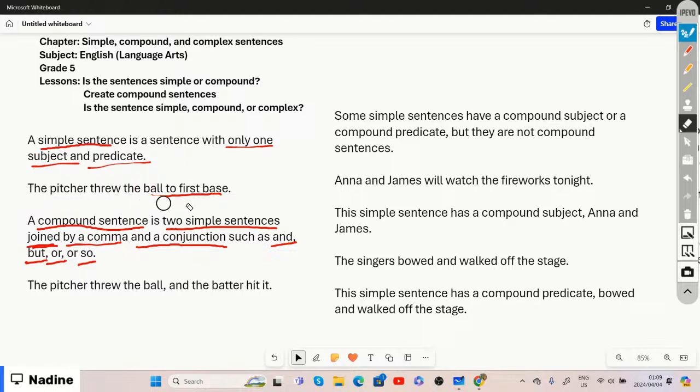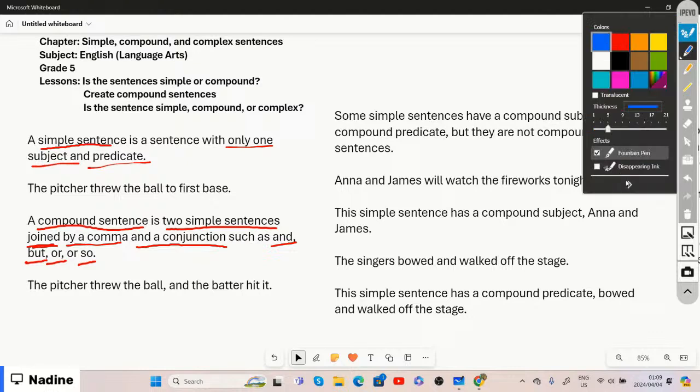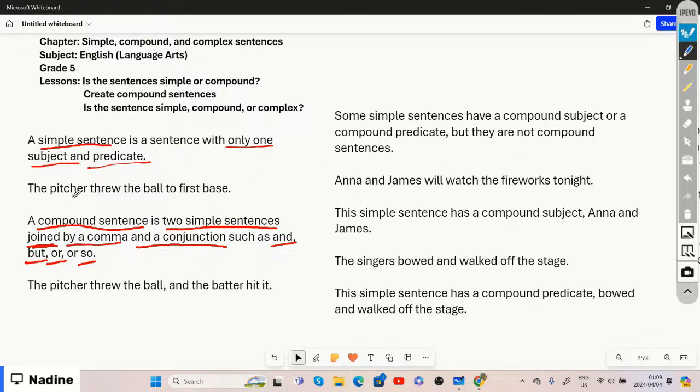Let's say this is our simple sentence. I'm going to use a different color. The pitcher threw the ball to first base. So the subject is the person or thing that does the action, and that is the pitcher. So the pitcher is the subject, and the pitcher is doing the action.